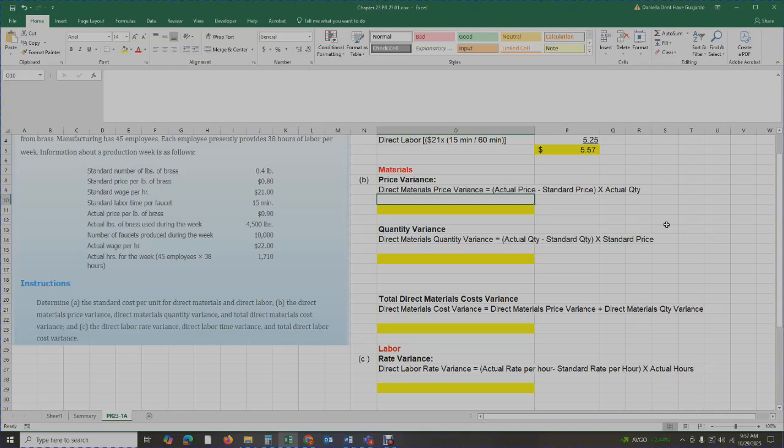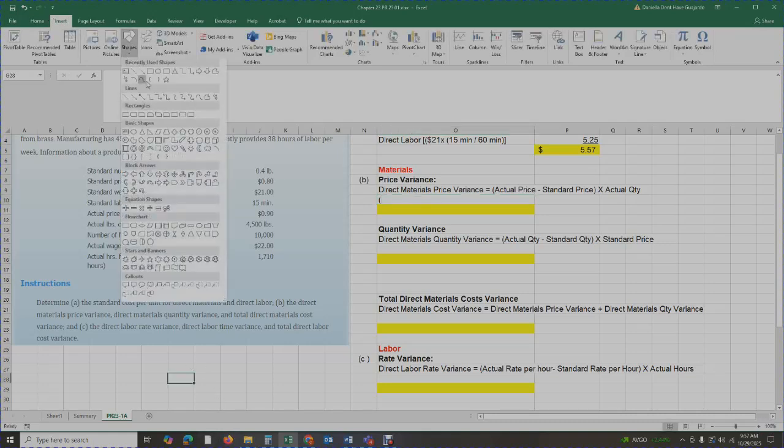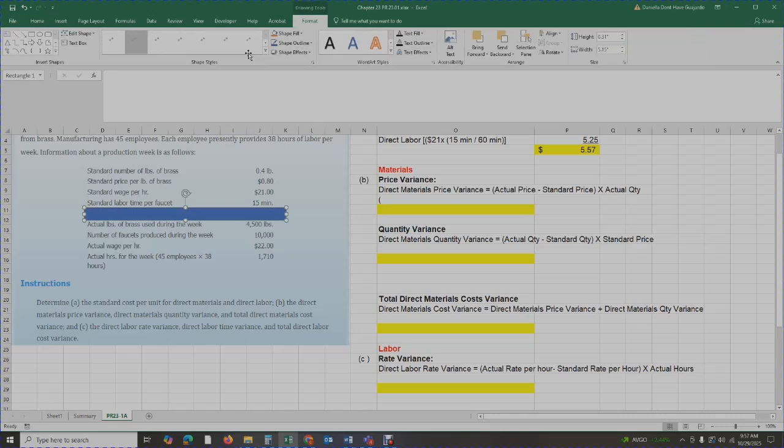Okay, so let's tackle the actual price variance. If we look at the problem, we have our actual price per pound right here, 90 cents.